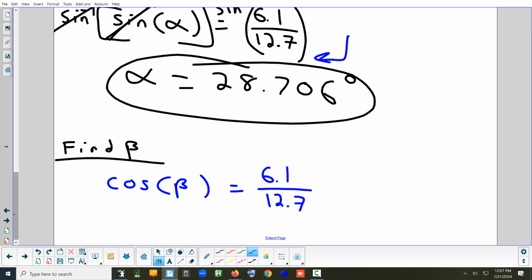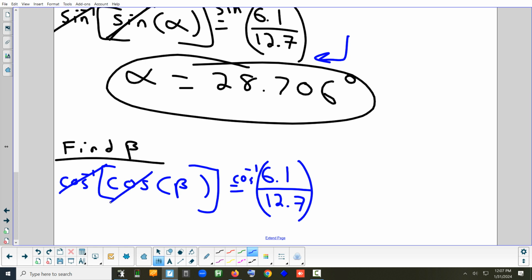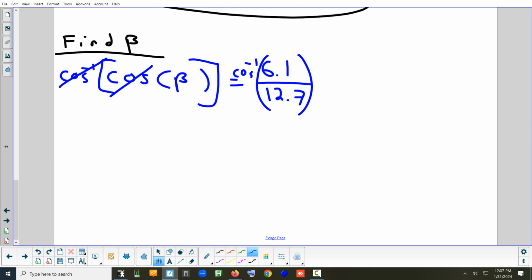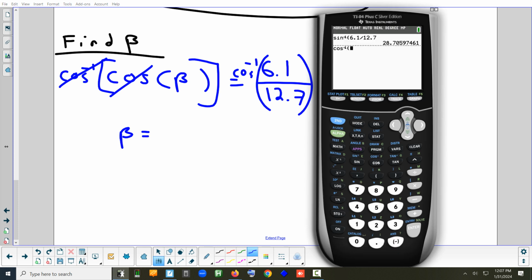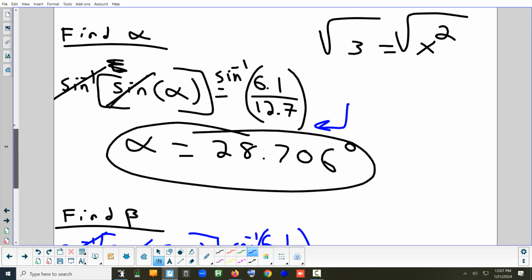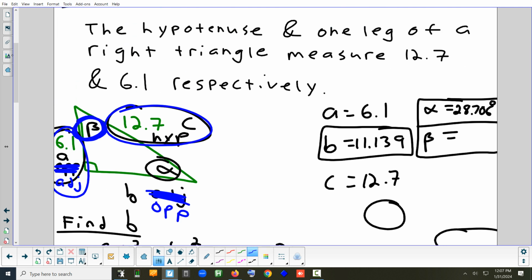So we need to get rid of cosine by taking the inverse cosine of what's on the left, and we're going to take the inverse cosine of what's on the right. Inverse cosine and regular cosine cancel out, and we get beta equals the inverse cosine of 6.1 divided by 12.7. So it's 61.294.